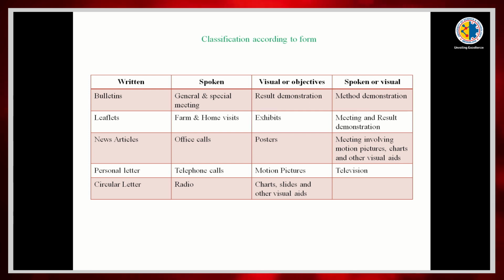Through the poster you can conduct any sorts of meeting, and you can give your poster among the farming community, whether large farmer, medium farmer, small farmer, marginal farmer, or landless agricultural laborer. Through your meeting you can distribute your poster. Exhibition, meeting and result demonstration.